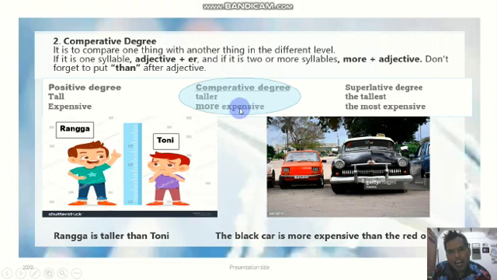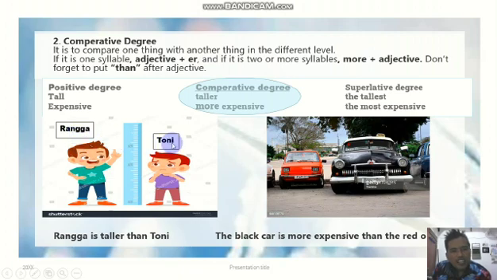Expensive. How many syllables do you think this adjective has? Okay, let's count together. Expensive. There are three syllables, right? So that's why we have to put more. More expensive.